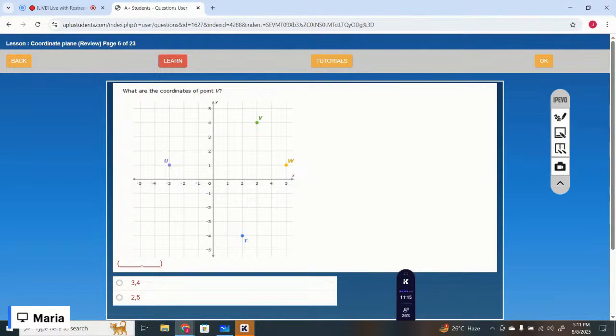What are the coordinates of the point V?